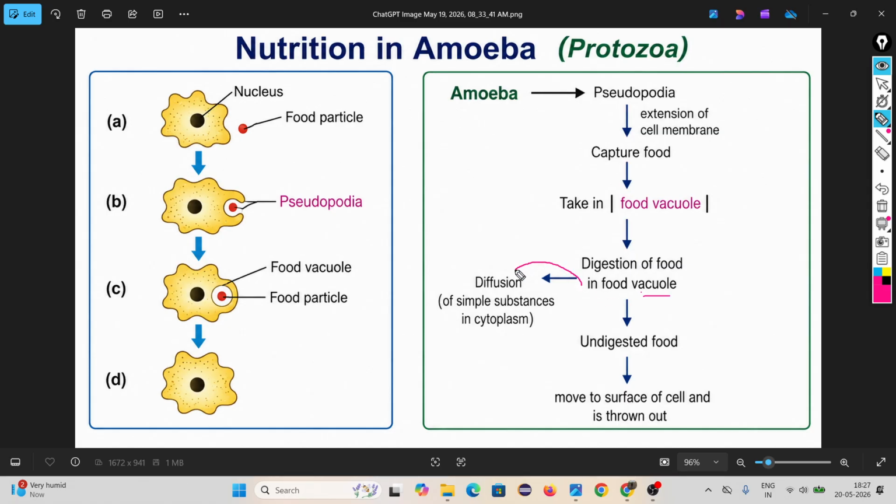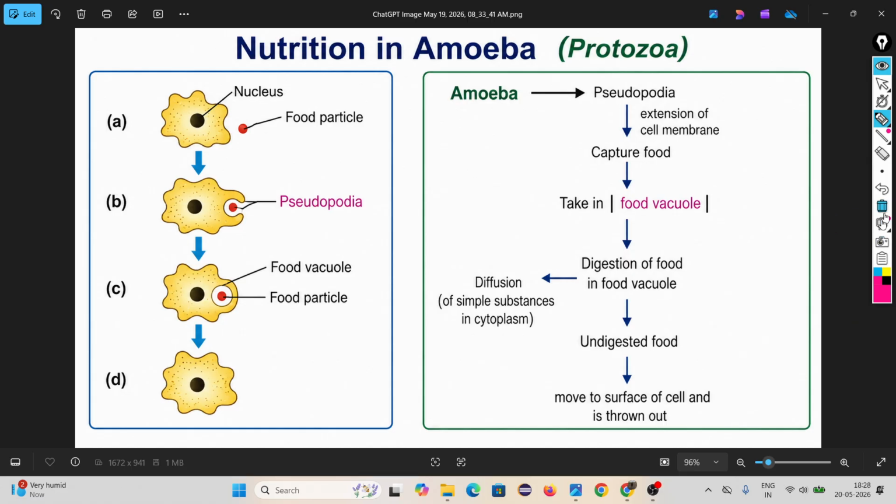Then the diffusion process happens. Diffusion is a process through which a substance moves from higher concentration to lower concentration, like water, like air. If you put air inside a balloon and open the opening of the balloon, the air comes out because of diffusion.